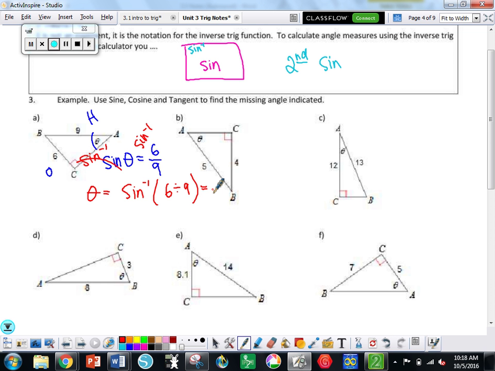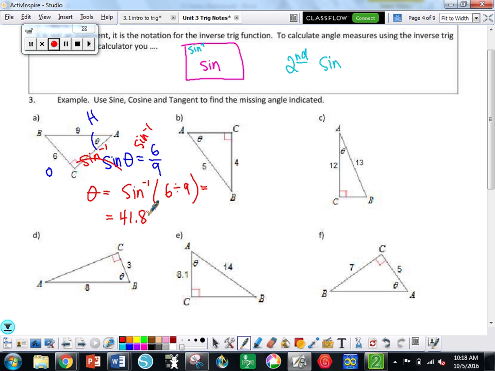So you'll do 6 divided by 9 equals, and then sine inverse. Anybody else get 41.8?